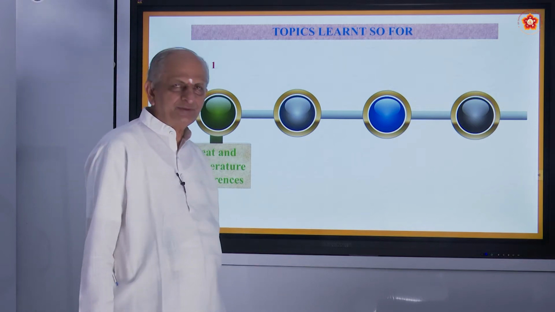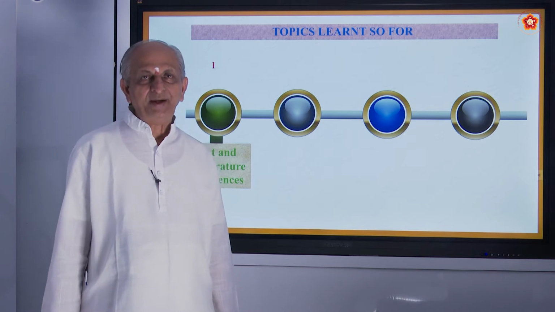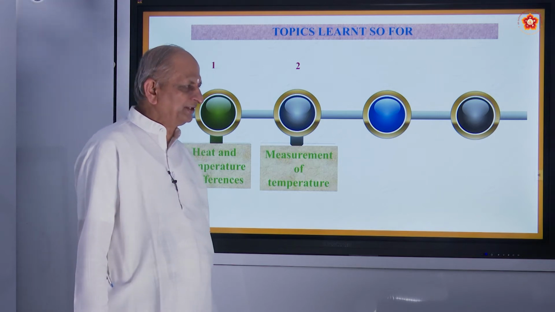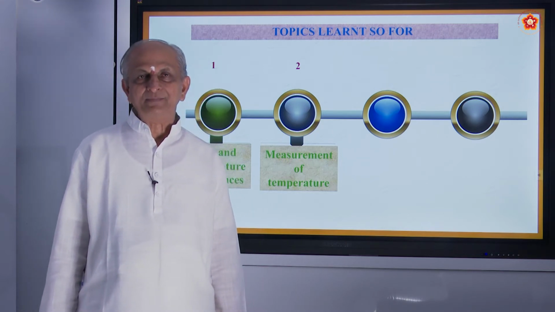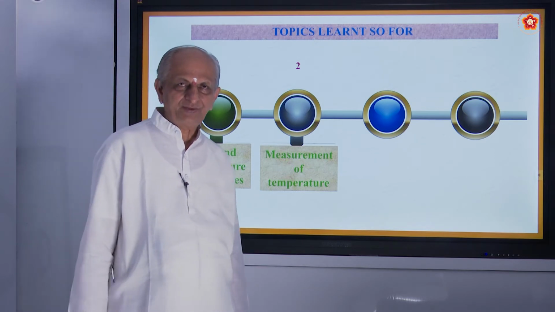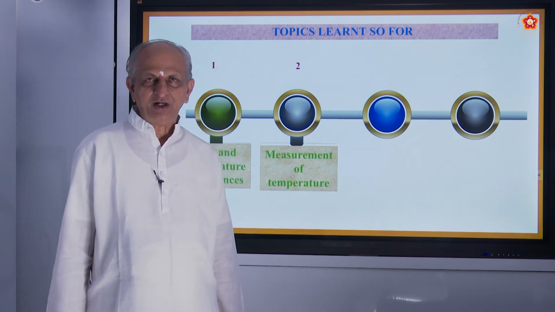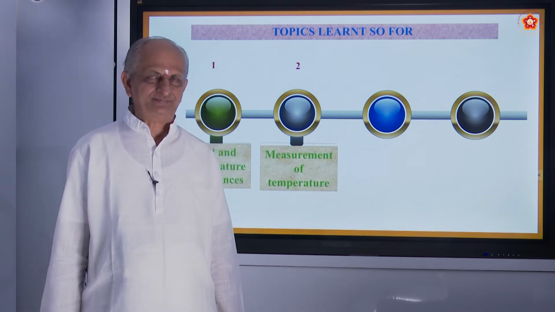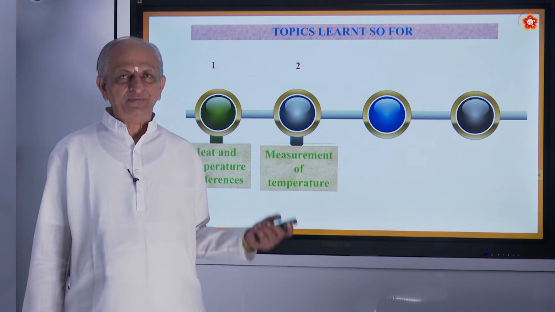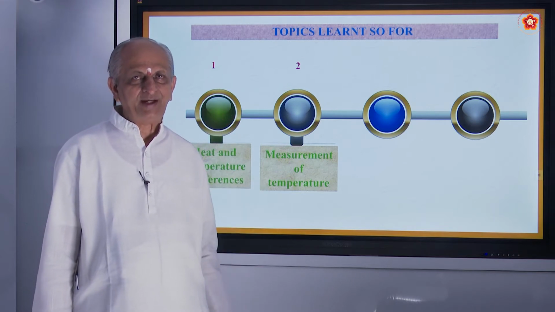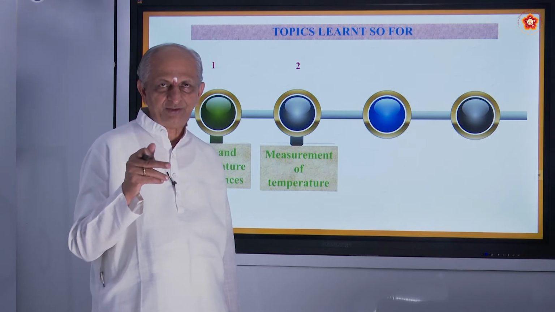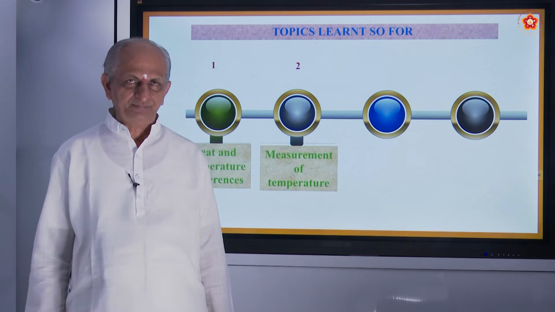And the device used is the thermometer. There are different kinds of thermometers. The first and foremost is the clinical thermometer, where the body temperature is measured. It will usually be in Fahrenheit, from 95 to 110 degrees Fahrenheit, or in Celsius, 35 degrees Celsius to 42 degrees Celsius.